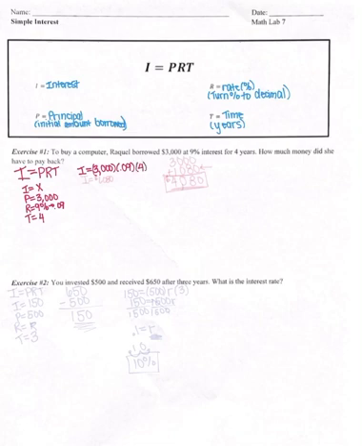So once we multiply together all these, we get our interest is $1,080. So that's not the total amount she has to pay back, that's just the interest. So to find that total amount, we're going to take the initial amount she borrows, $3,000, and add that $1,080.